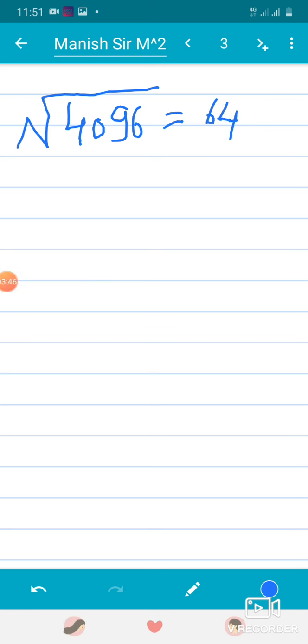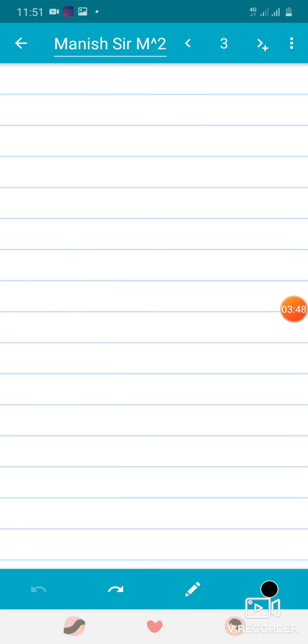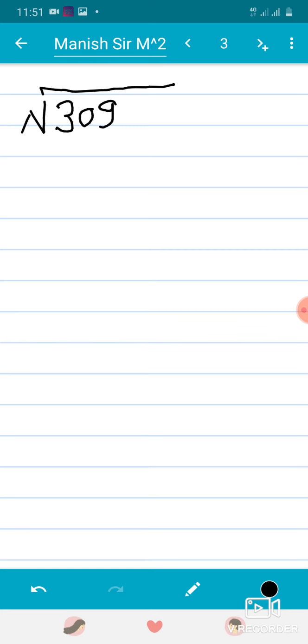Let us solve another square root, of 30976. In the same process, we write here 30976. Firstly, we make pairs from the unit place.